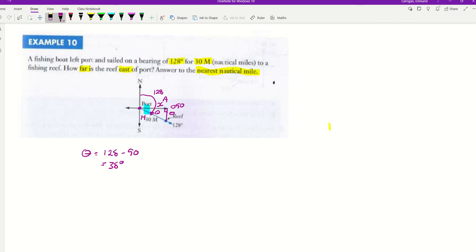So once again, this is cos theta is equal to A on H. So cos 38 degrees equals x on 30. X equals 30 cos 38 degrees.